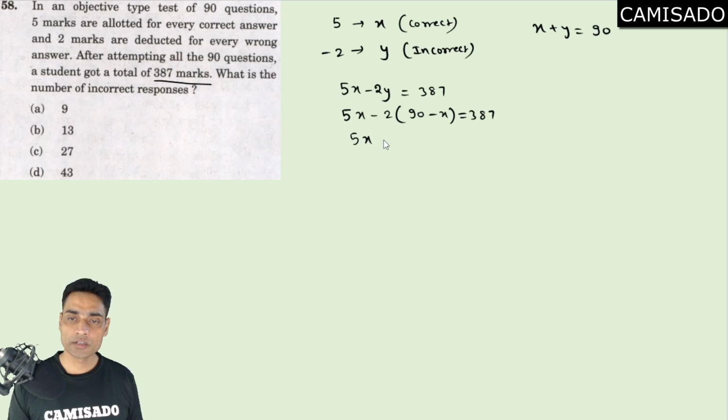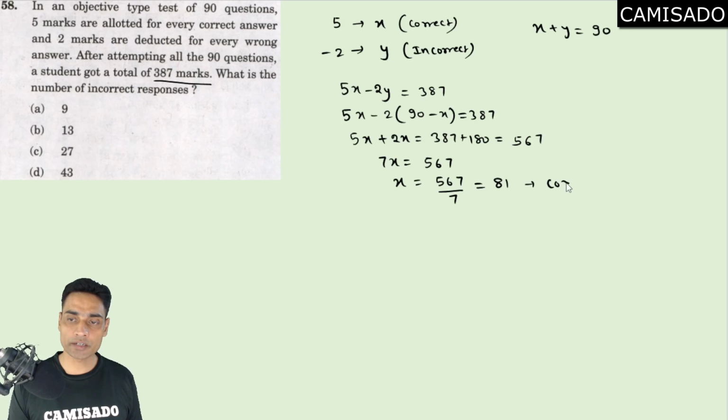So 5x plus 2x equals 387 plus 180, it's 567. 7x equals 567. x equals 567 upon 7. It is equal to 81.